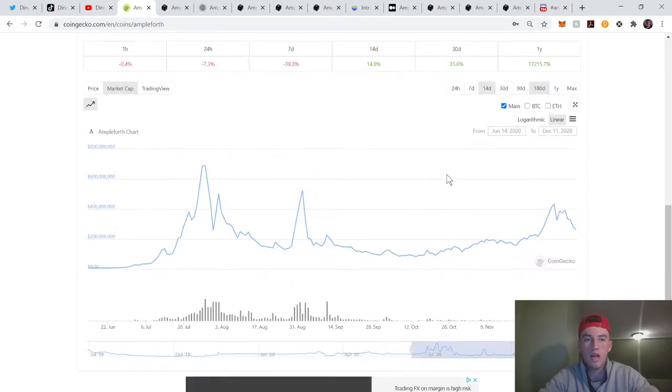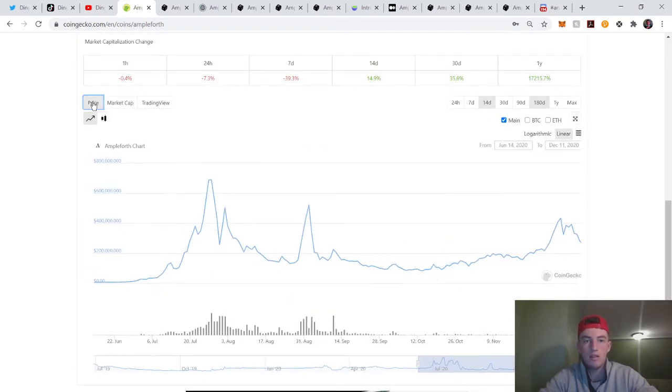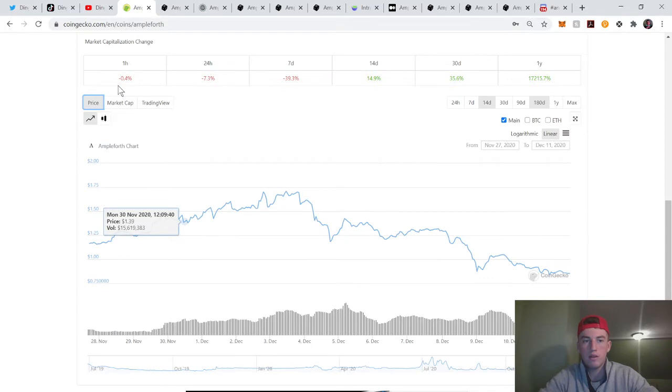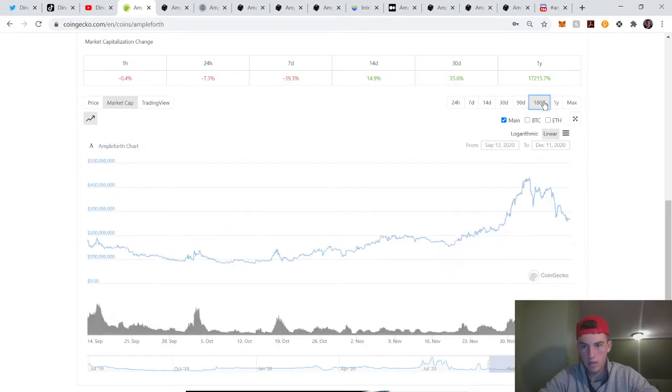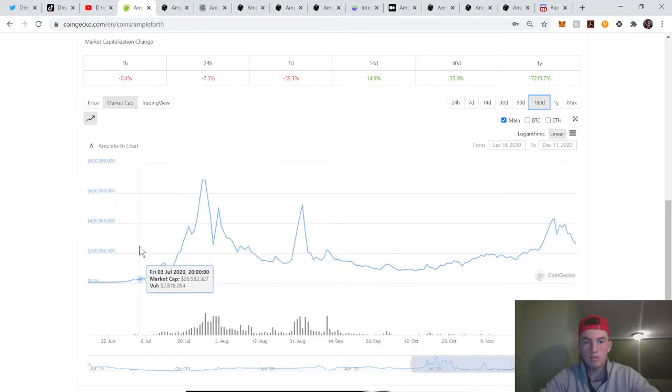So if you scroll down, you'll see that you don't want to look at the price, because the price does not matter. It matters, but not in terms of making money, right? So the market cap is what matters. And one thing to understand is, say you own 1% of the market cap. Right here, the market cap is 100 million.